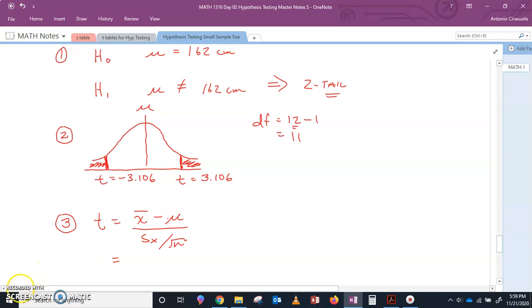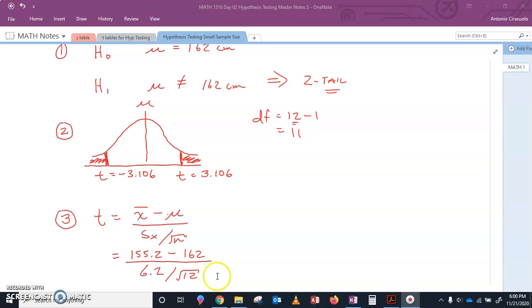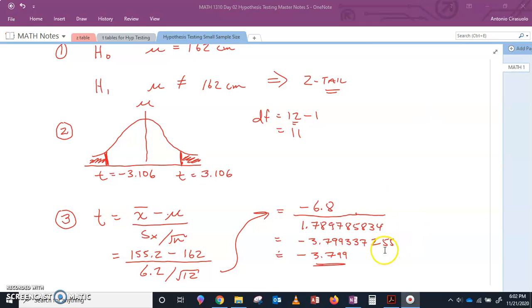Pause the video and see what you come up with. So the values I have are 155.2 minus 162, divided by 6.2 divided by square root of sample size, which was 12, and this gives me a final value of negative 3.799 in the end.